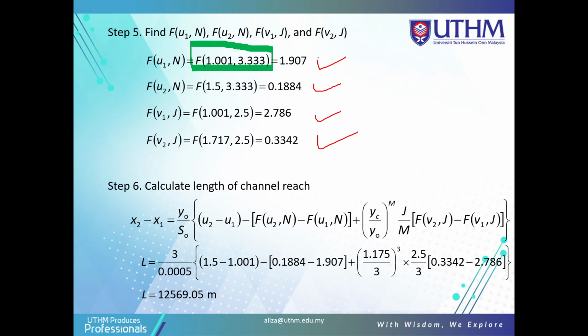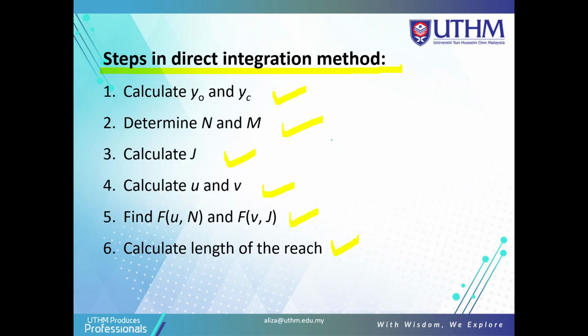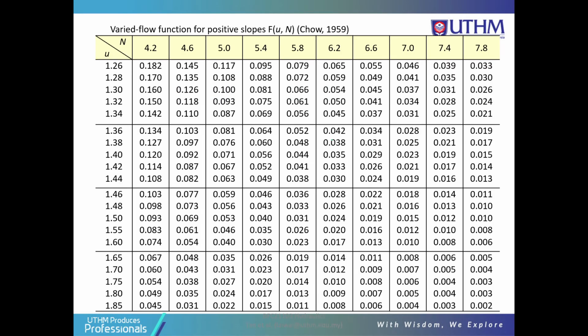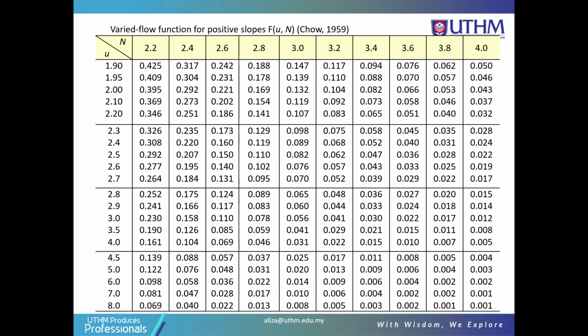Using the interpolation that I show you, you get the value of F1N is 1.607. In the next step, I will show you how to do the interpolation. So we look at the F again, this one, 1.5.